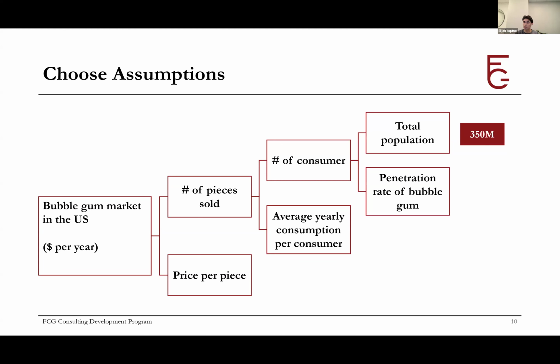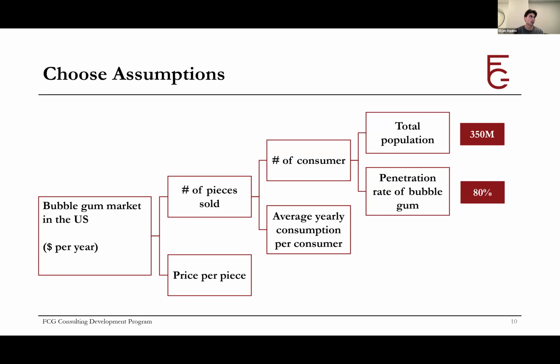As I'm thinking of young kids and old people, I know that some of them might not buy gum, but I think most people have either bought gum in their life or chew gum constantly. So I'll say about 8 out of 10 people chew gum or have chewed gum in their life. So I'm going to use 80%. Now if I do 350 million times 80%, that's going to lead to the number of consumers.